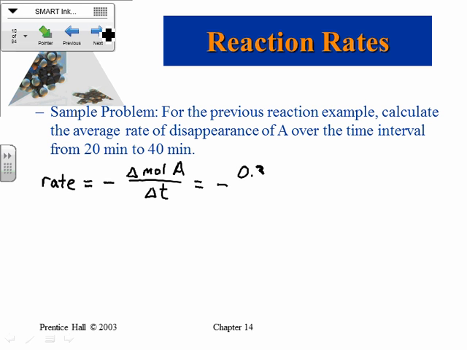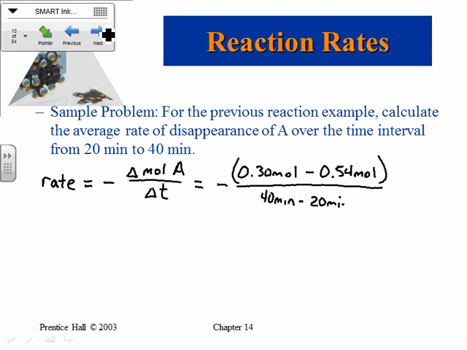So 0.30 moles minus, at 20 minutes, there was 0.54 moles. We're going from 20 to 40 here. 0.54 moles of A left, okay? And then our change in time from 20 minutes to 40 minutes, that should be fairly obvious, but I'll write it down anyway.